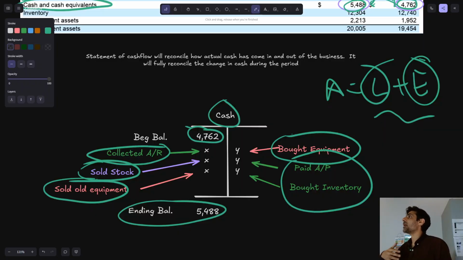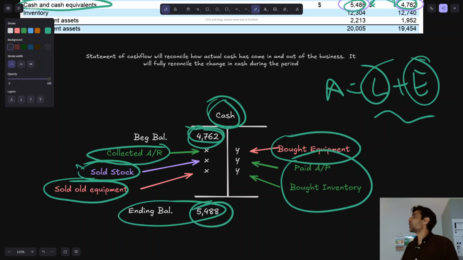If you're borrowing money or paying it off, buying back stock or issuing stock, it's all going to appear in this financing section. You can all see that cash is affected by all these different components or categories. The statement of cash flow will reconcile this and this, but it's going to do it by splitting up these cash flows into their respective types. Does everyone understand? Everyone good with that? Yeah?